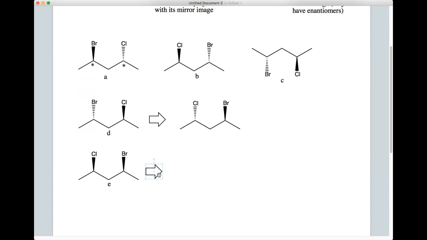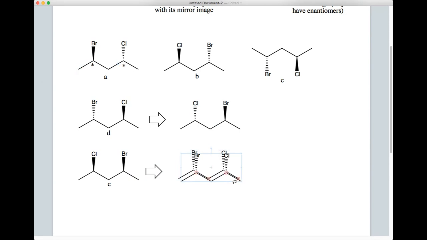Because I want to match perfectly not only the carbon chain, but also the connectivity. So if I do a 180-degree flipping to the right side, the bromine is going to be now in this position and it's going to be going dash, and chlorine will be in this position and will be going dash. So I'm going to write bromine here, and I'm going to write chlorine here, okay?